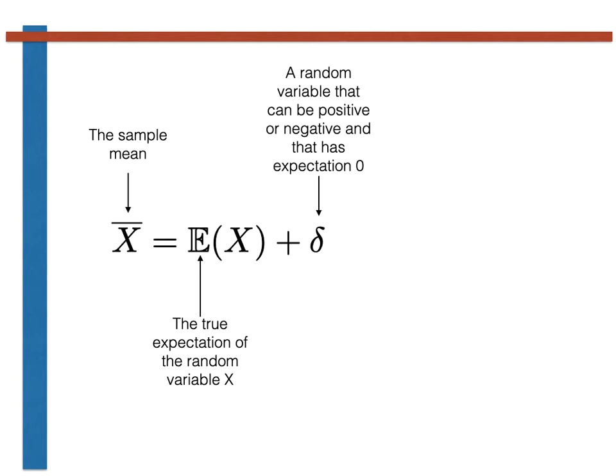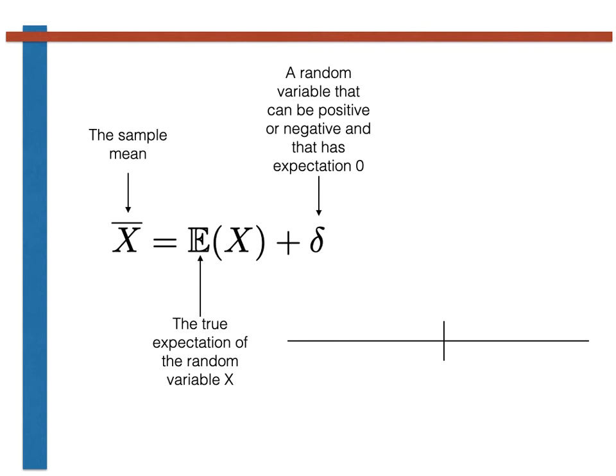I explained this expression using the diagram shown here. The horizontal line here represents the real axis. The vertical line then indicates the value of the expectation, which is fixed and not random.